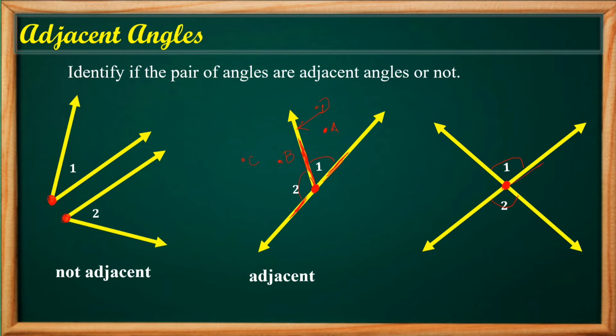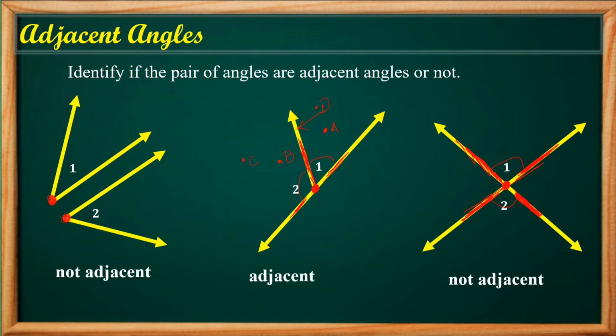This would be the side of angle 1 and another side of angle 1. Dito naman, ito yung side ni angle 2 at another side ni angle 2. Now, they have a common side. Meron ba? Wala. Therefore, si angle 1 at saka si angle 2, they are not adjacent.